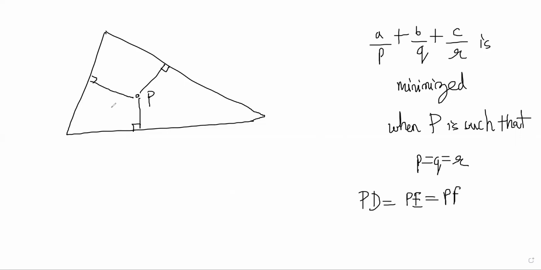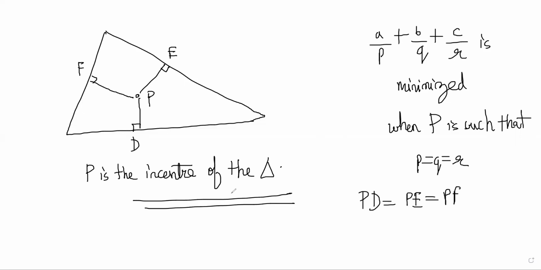The distances of point P from all the sides should be the same. So that means P is the in-center of the triangle. That is the special point for which the distances PD, PE, PF are equal, and it is at that moment that this quantity A by P plus B by Q plus C by R is minimized.